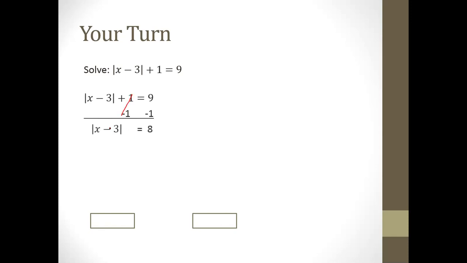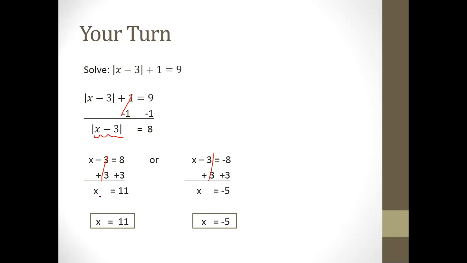And that leaves us with the absolute value of x minus 3 equals 8. Now we'll take those terms underneath the absolute value, the x minus 3, set it equal to 8 or negative 8, and solve by adding 3 to both sides of the equations. And we'll get x equals 11 or negative 5 as our solutions.